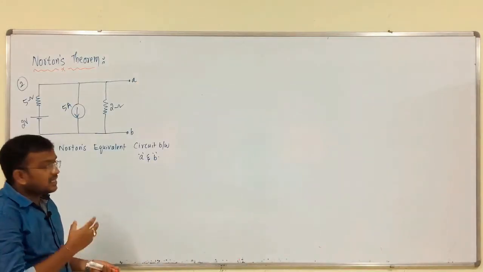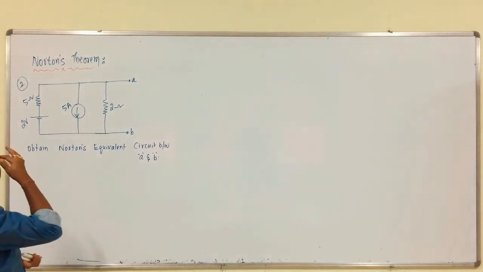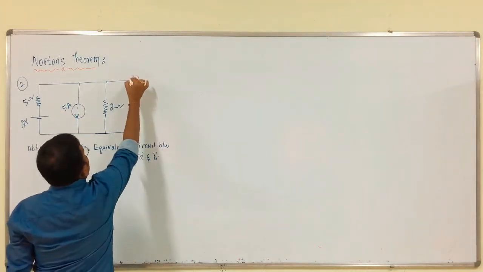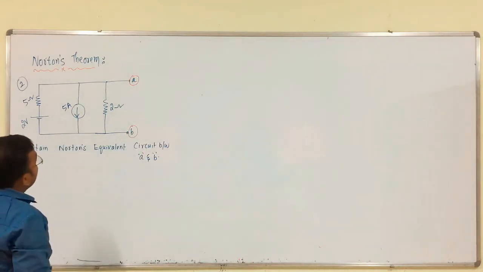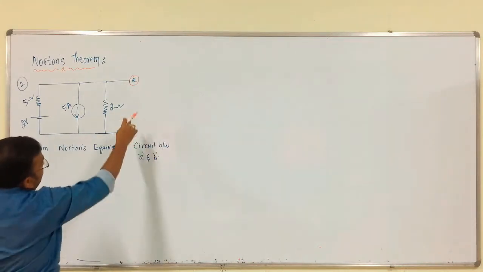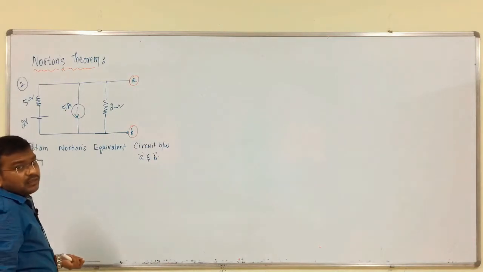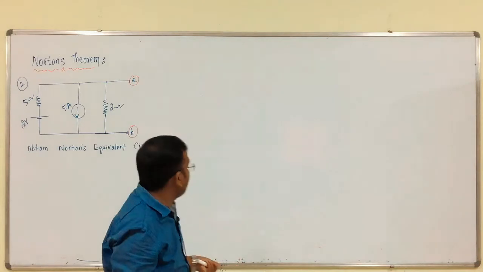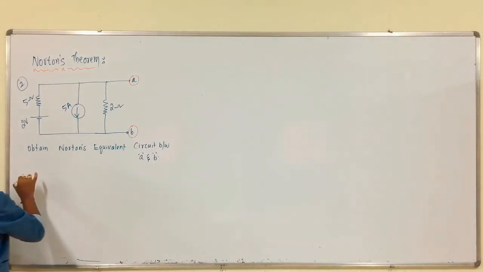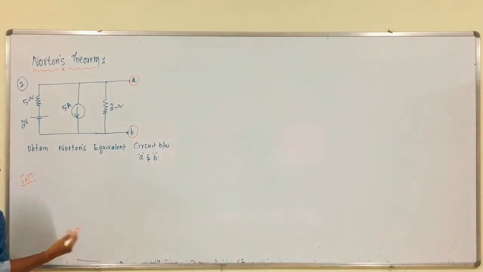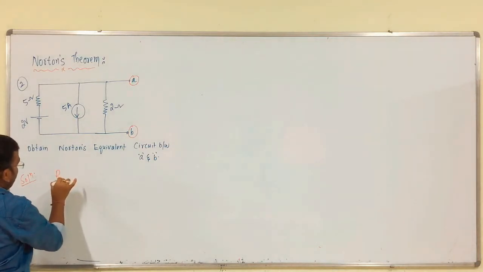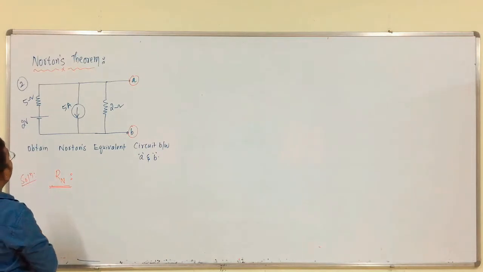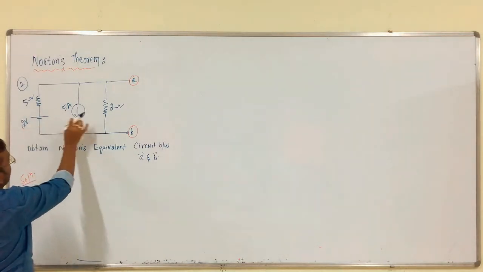Next we will discuss this second one. From this we will get the Norton's equivalent circuit between these two terminals. The examiner has not provided any load between these two terminals, so we have to go up to step 3. Step 1: we have to get Rn. To get Rn, we have to deactivate the voltage source and current source.